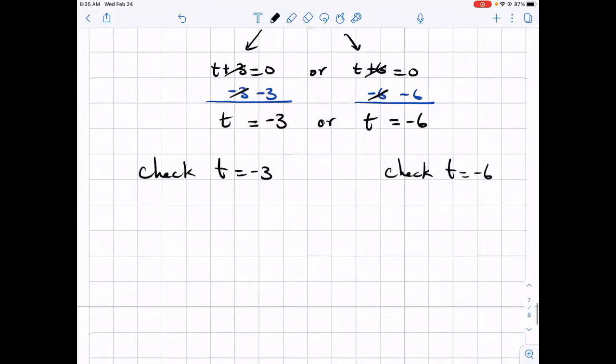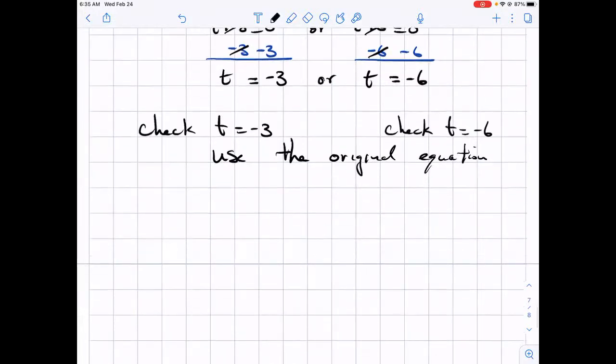And remember, we use the original equation. So the original equation for us is t plus 5 equals the square root of t plus 7.